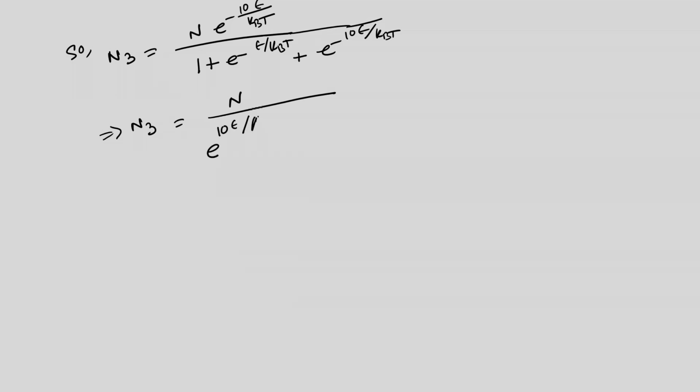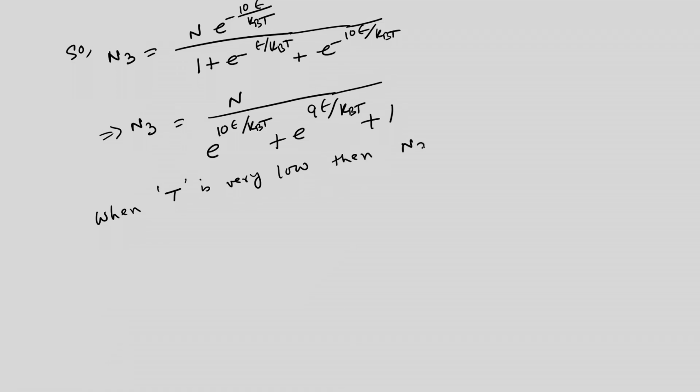So, if we further simplify, we get N3 is N by e to the 10 epsilon by kBT plus e to the 9 epsilon by kBT plus 1. So, when T is very low, then N3 goes to 0, right, because T is very low.